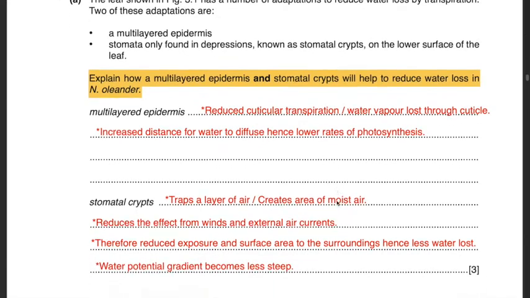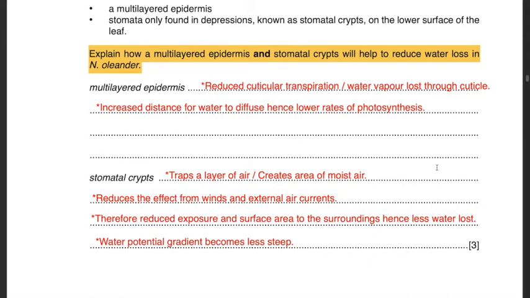Presence of stomatal crypts, well, it traps a layer of air or creates an area of moist air, reduces the effect from winds and external air currents, therefore reduced exposure and surface area to the surroundings, hence less water is lost. Water potential gradient becomes less steep therefore, hence it helps to reduce water loss in N. oleander. Writing these points will earn you 3 marks.